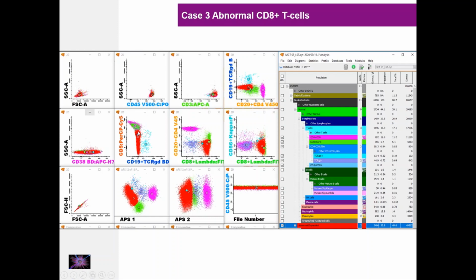So it's from positive to negative, a very heterogeneous expression of CD5. And when we look at the APS, we can clearly see that this cluster clearly separates from the rest of the clusters.